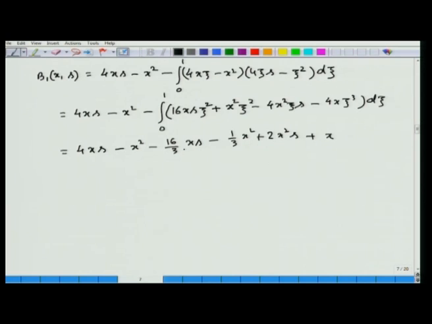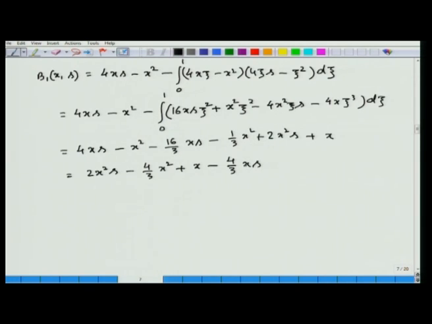So, minus 16/3 xs, then ξ² dξ again 1/3, so minus 1/3 x², and from here half into 4x²s, so minus with this minus combined gives you plus 2x²s, and finally 4x by 4, so this will be plus x. After rearranging the terms and simplification you will have 2x²s − 4/3 x² + x − 4/3 xs.